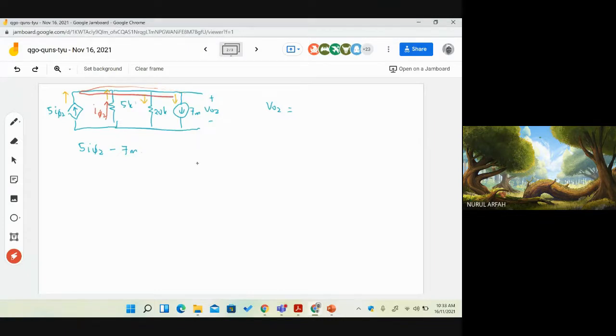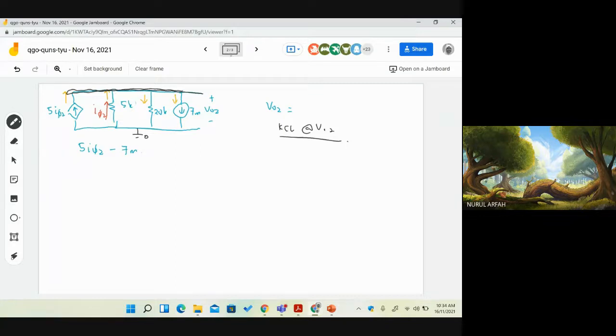Okay, so let's try. Katakanlah you want to use this nodal analysis. So KCL at node V naught 2. This is the node V naught 2. Okay, so the current entering should be equal to current leaving.